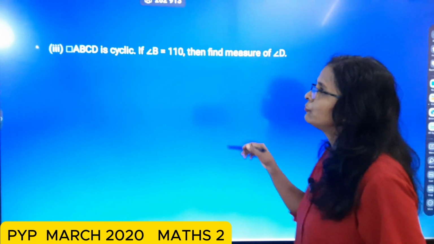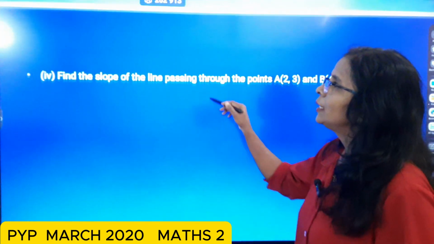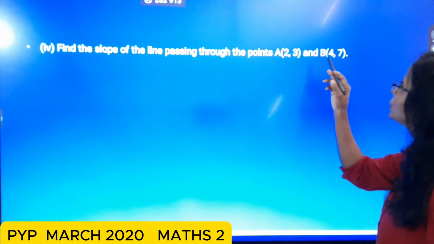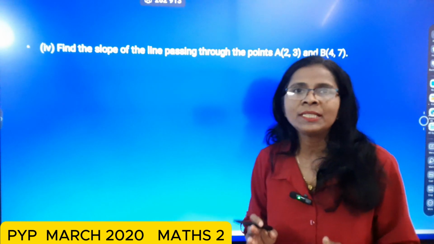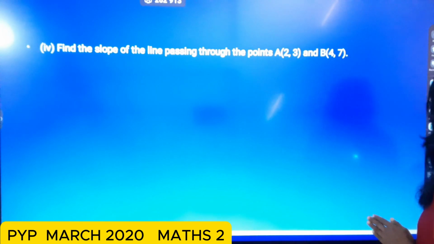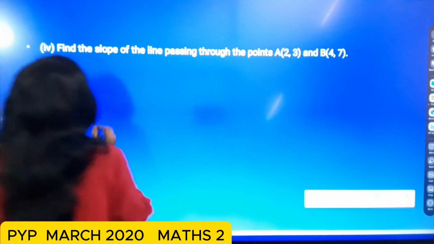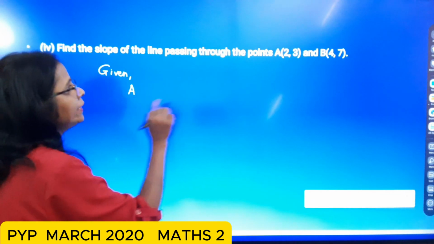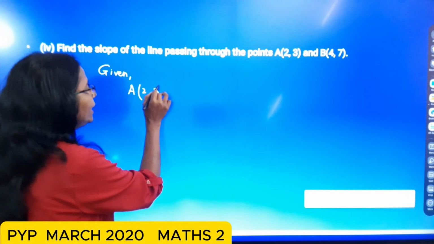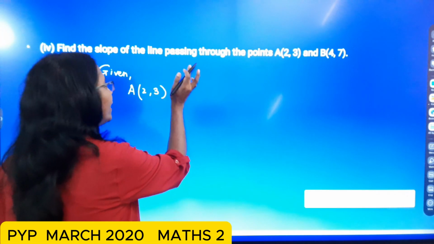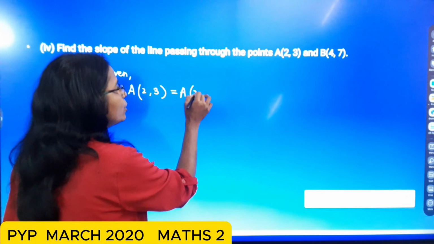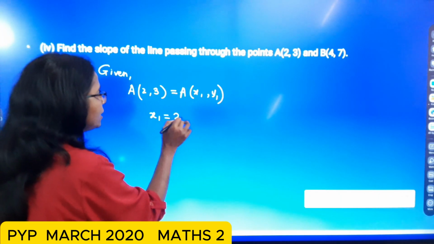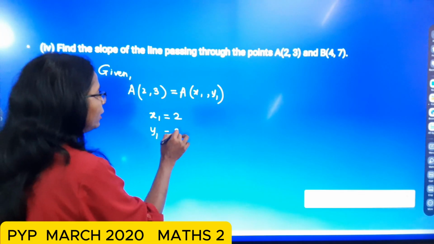So now students, the fourth example: find the slope of the line passing through the points A(2, 3) and B(4, 7). Here we write down the given points first. A is (x1, y1), that means x1 is equal to 2 and y1 is equal to 3.